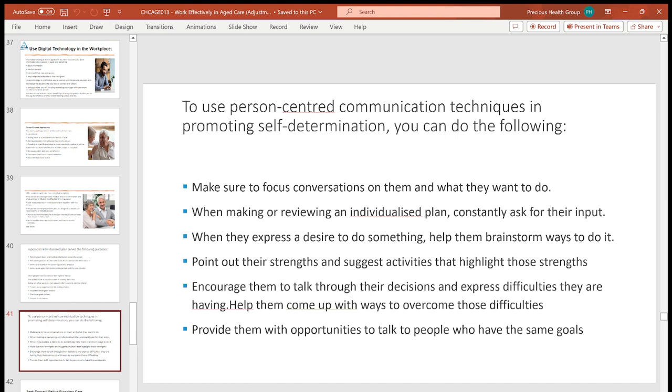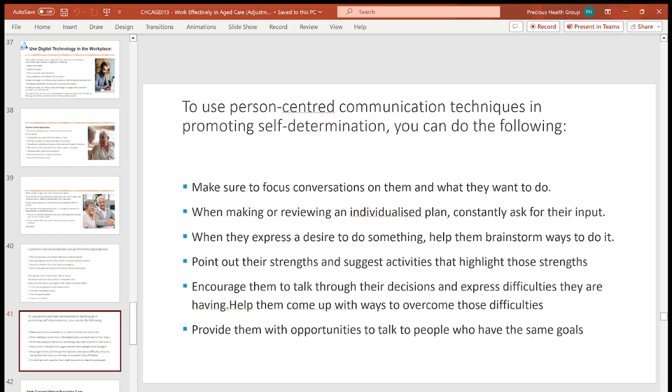And when making or reviewing an individual plan, constantly ask for their input. We should not assume on their behalf. We should give them the opportunity to say their view.